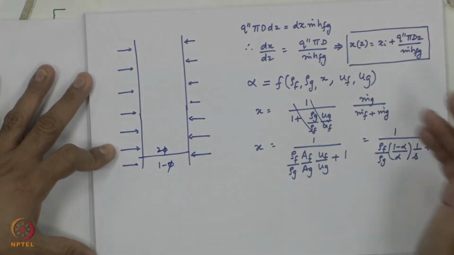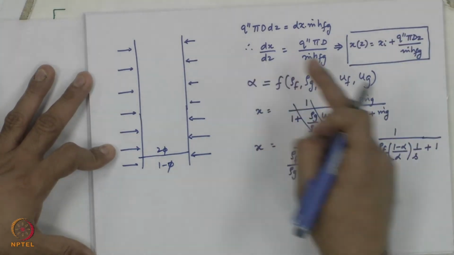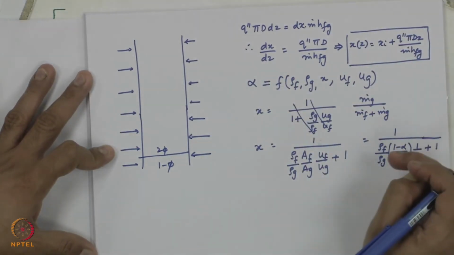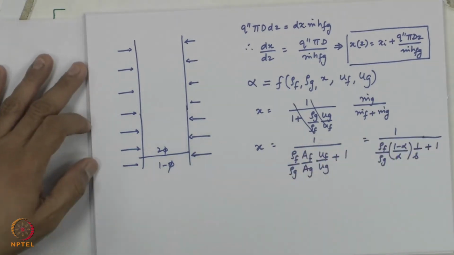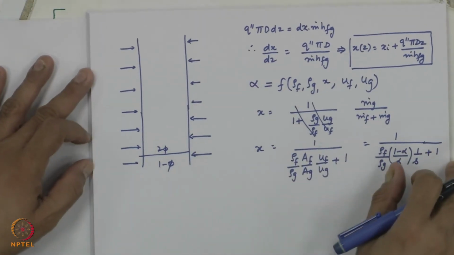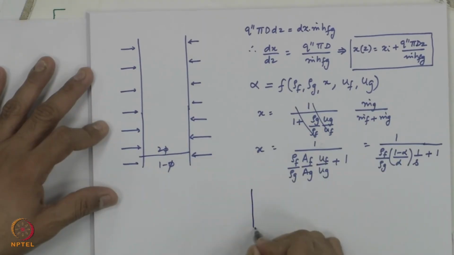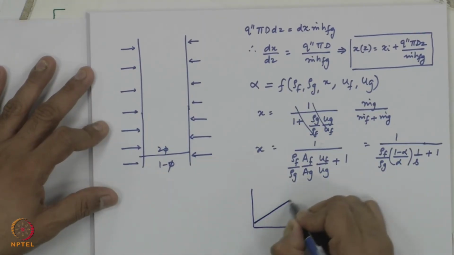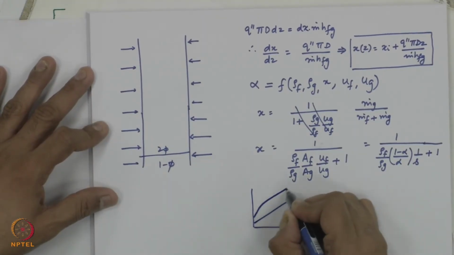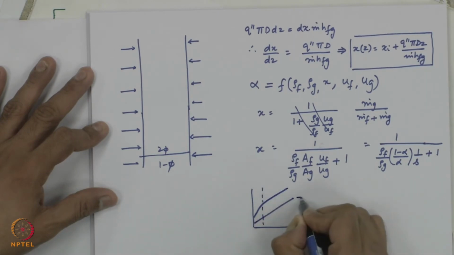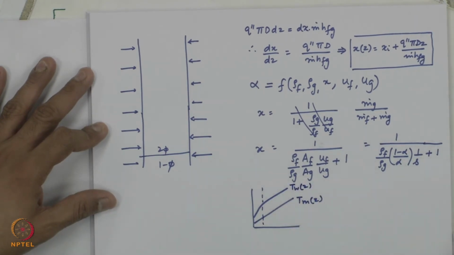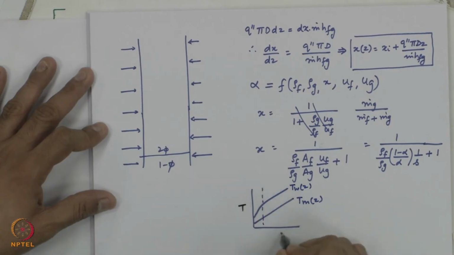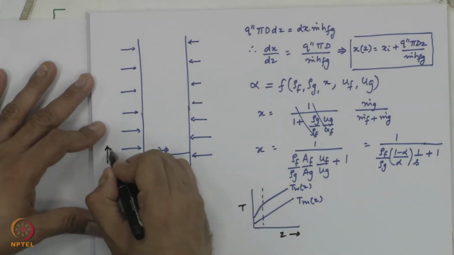In the subcooled part, your energy balance will be q double prime pi d dz is equal to m dot delta h or m dot cp delta T. It will show an increase in wall temperature and the fluid temperature, and these things also we have seen. This is how the wall temperature will be, T bulk mean of z, T wall temperature as a function of z. This all we have seen before, and this is T versus flow direction, this is your z.